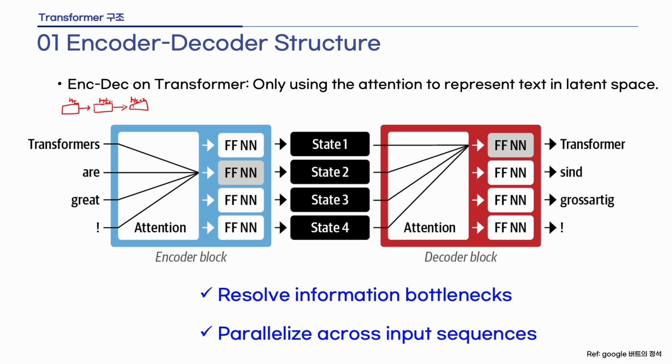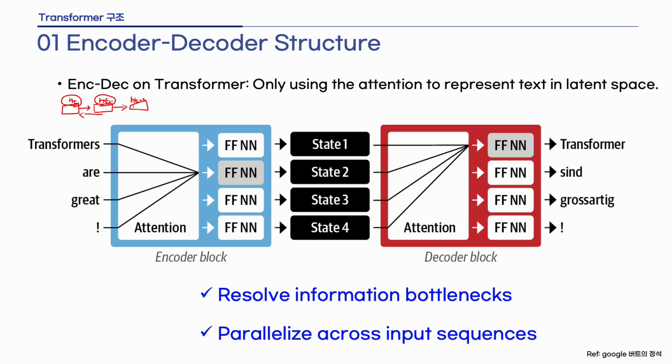In order to calculate the value of HT plus 1, we should calculate HT before. Is that right? Yeah, definitely. This makes it non-parallelized across input sequences because we should calculate the previous hidden states. But if we don't use RNN-based structures, then we can avoid this kind of problem.